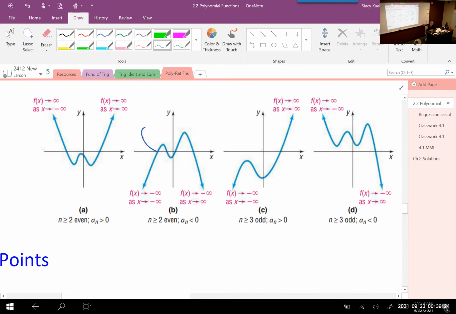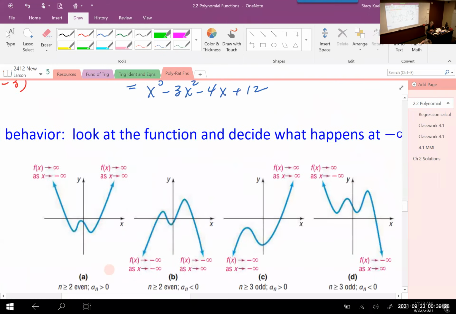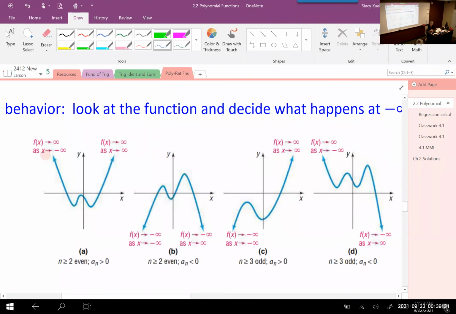I'm going to read it this way: as x is moving to negative infinity, so as my x values are moving to negative infinity, the function itself, the y values, are moving to positive infinity, aren't they? As the x values are moving to positive infinity, the function itself is moving to positive infinity, right? That's how we read that.